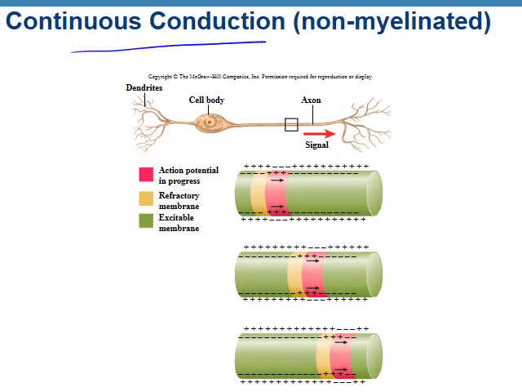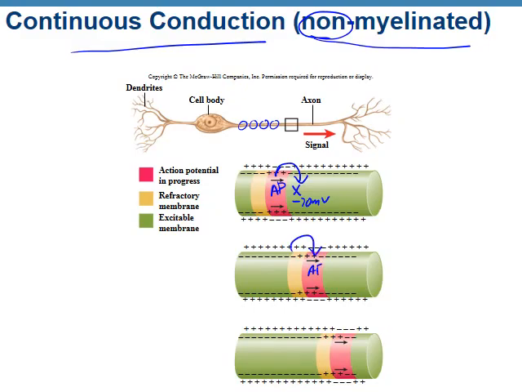Continuous conduction is non-myelinated. You've seen the other figure where we had the myelin wrapping around the neuron. This is non-myelinated. So this section is undergoing action potential right now, or propagating action potential. This side is at -70 millivolts resting membrane potential. Basically, this section is going to finish the action potential and it's going to cause the next section to do the same.